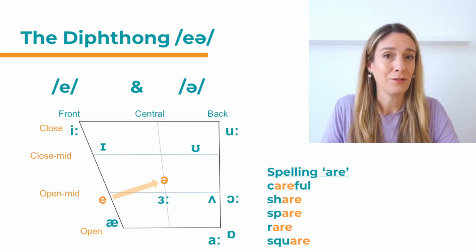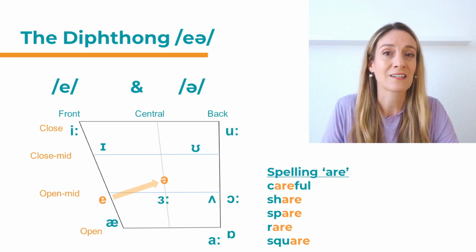And for example, we have careful, share, spare. This is a bit of an unusual word. That means extra. If you have a spare room in your house, that means you have an extra room, for example, for guests. Rare.